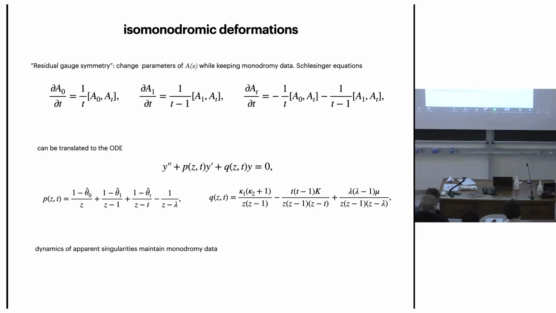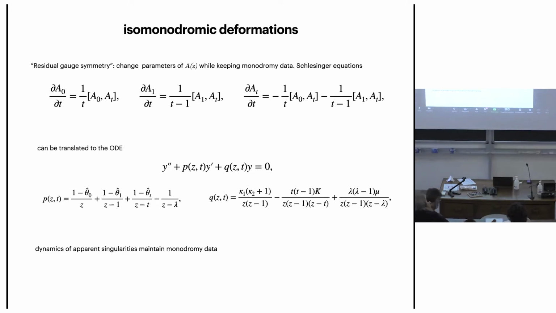These are called the Schlesinger equations. They modify the position of this extra apparent singularity so that they keep the monodromy data invariant. And this is the thing I'm telling you: I'm basically interested in solving for the monodromy data. If you work out this action, the so-called Schlesinger flow, in terms of the ODE that we actually want to solve, you see, as I anticipated, that you get an extra singularity at lambda.